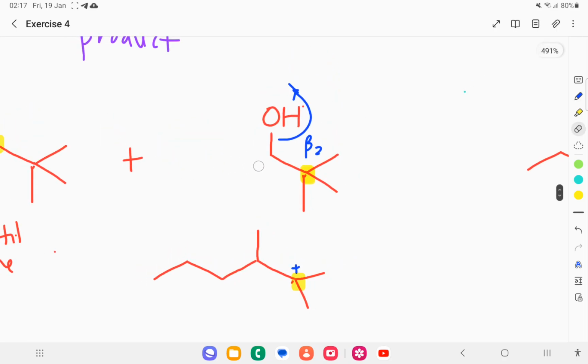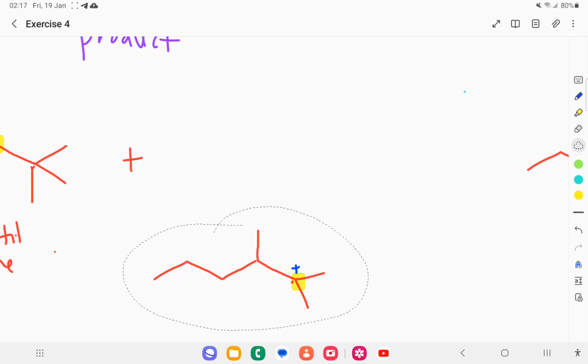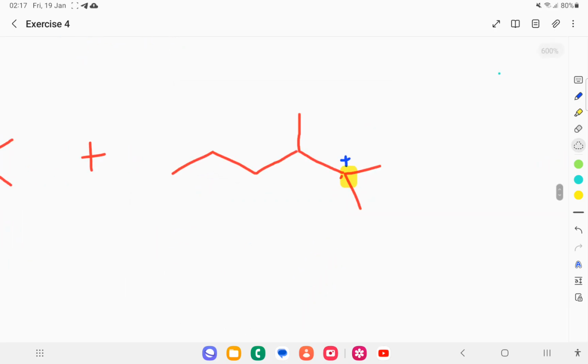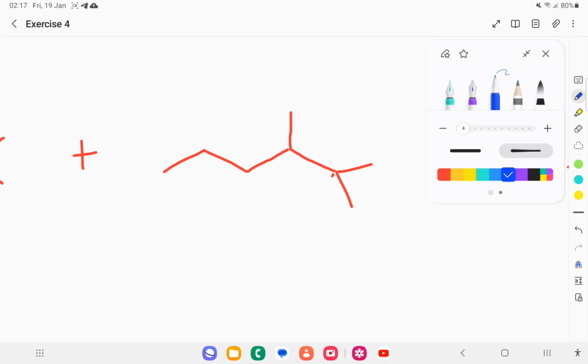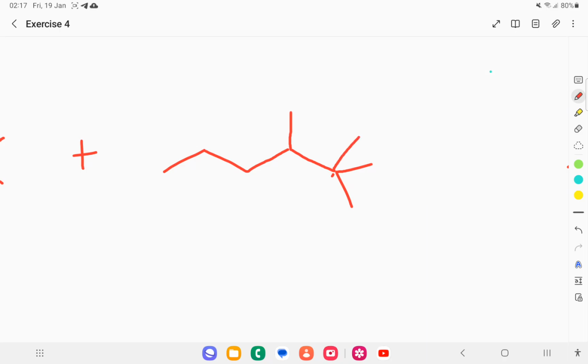I just remove this structure and replace it with the rearranged one. To remove the carbocation, we can substitute with OH. So this is OH.